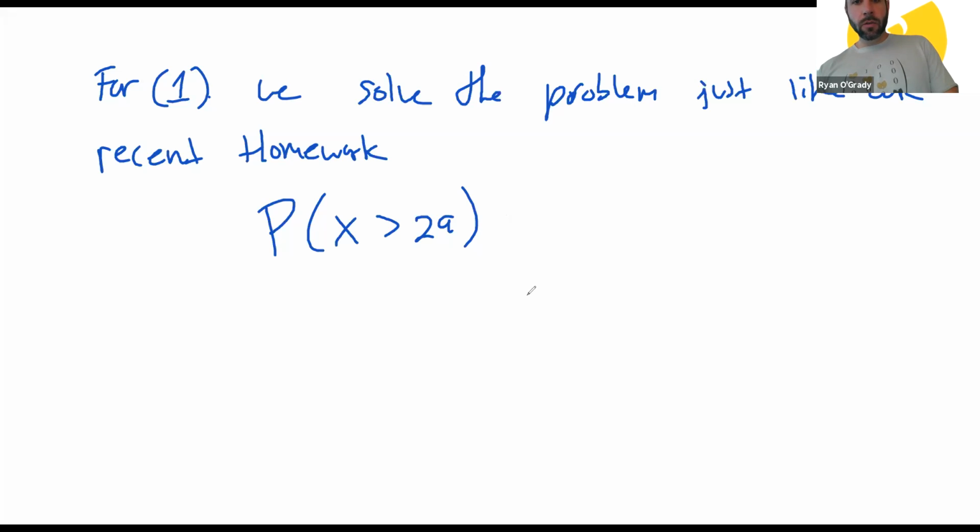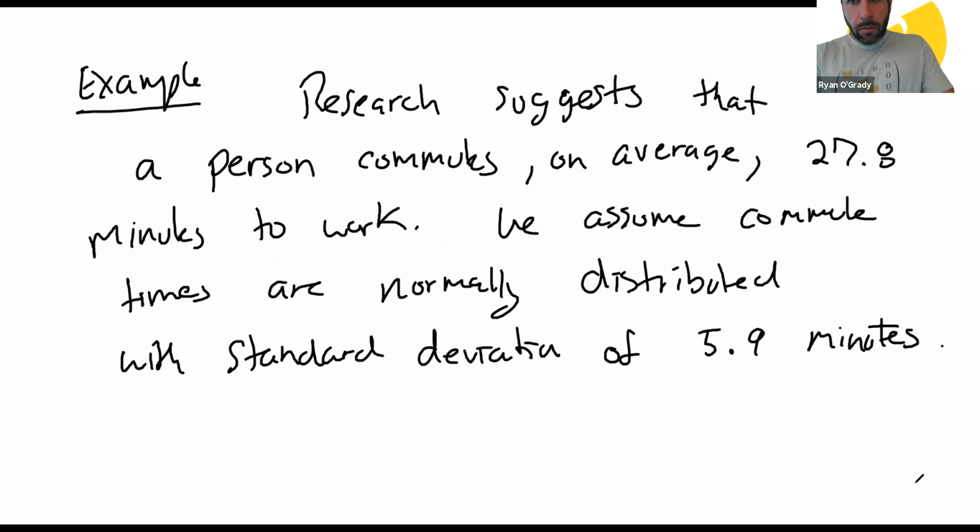And of course, if you used your Z table, you would say Z equals 28 minus 29. What wasn't 28 exactly? What was it? 27.8.